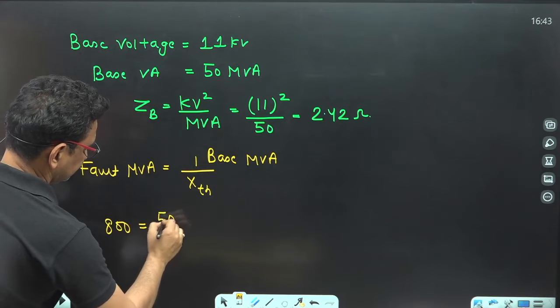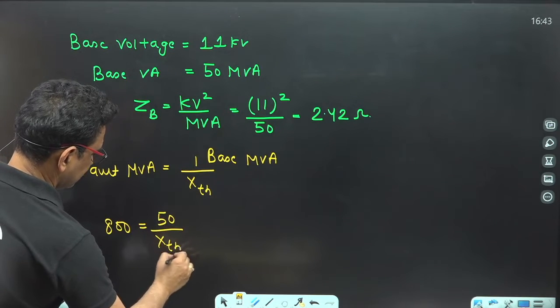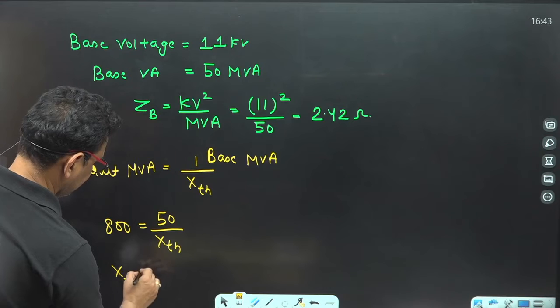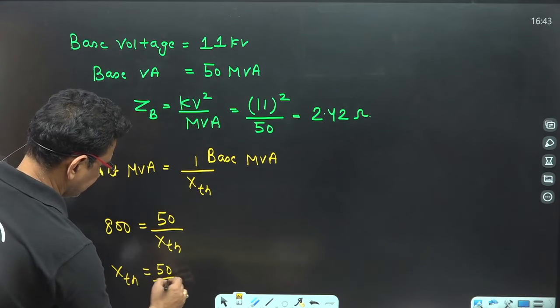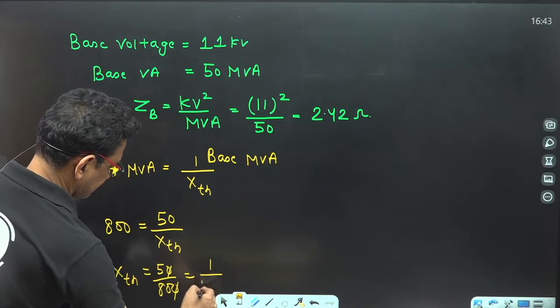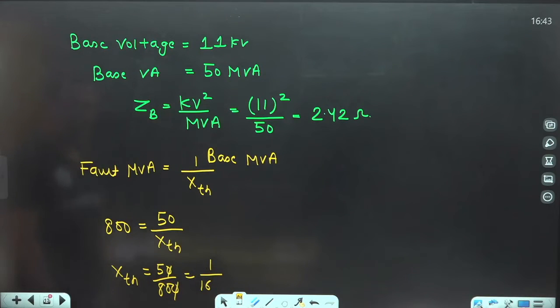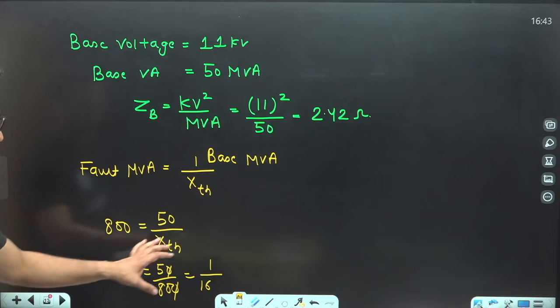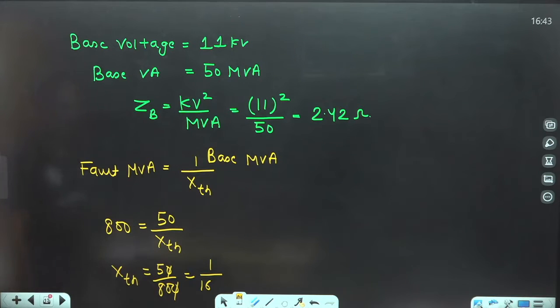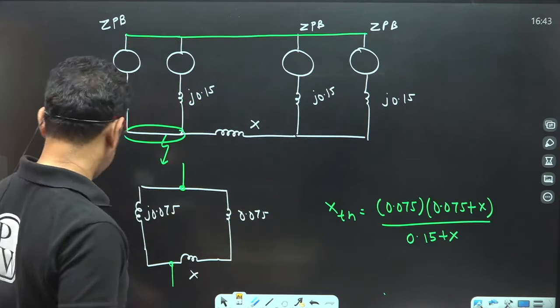So XTH becomes 50 upon 800, which is one upon 16. This is in terms of PU value. Clear? So XTH is 1 upon 16.